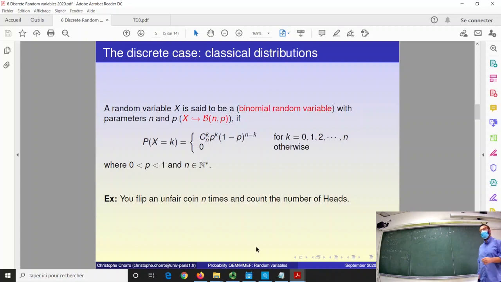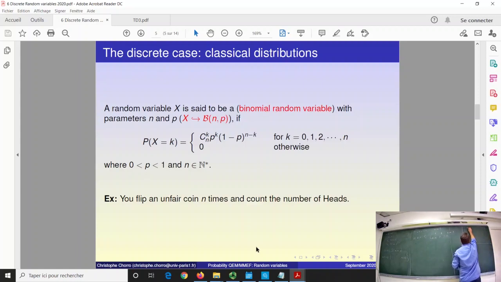Another thing we have seen together is that a binomial of parameter n and p may be seen as the sum of n independent Bernoulli of parameter p. So, what we have seen together is the following.